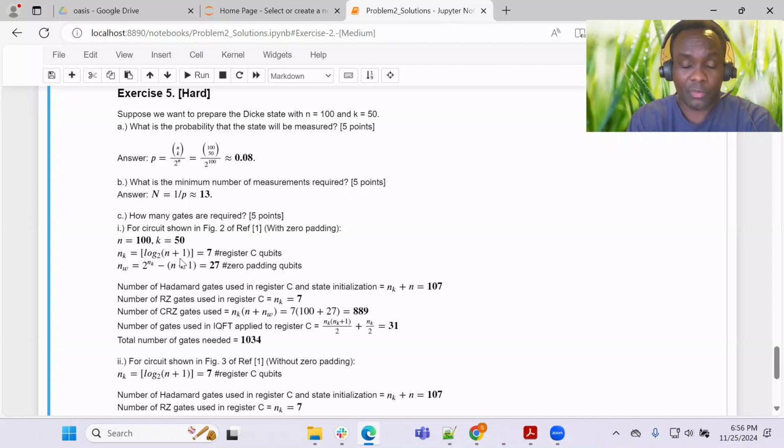That is, to measure the decay state for the first time. In such case, the number of measurements required is just 1 over P. When you do the math, you need at least 13 measurements to be able to measure one such decay state with n equal to 100 and k equal to 50.